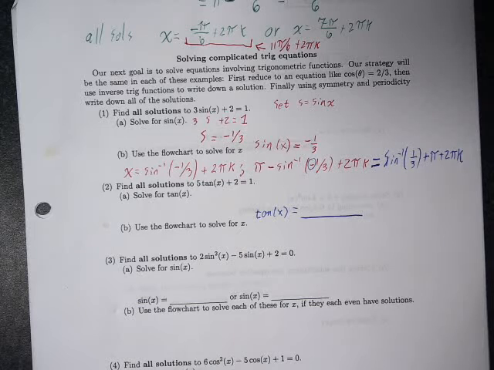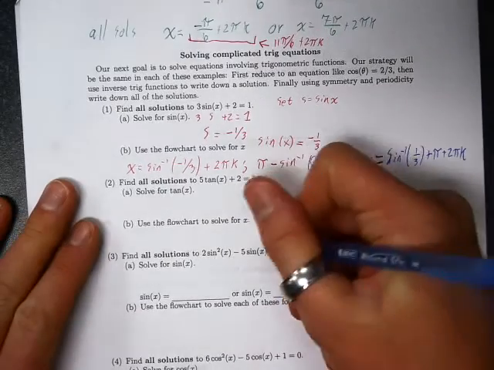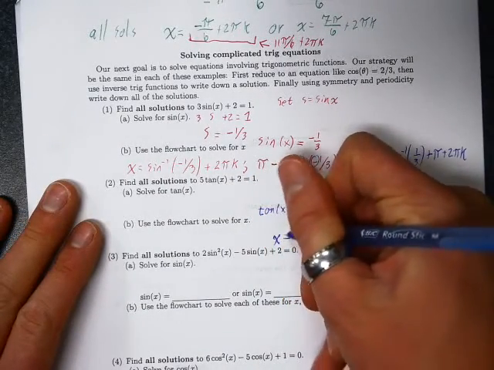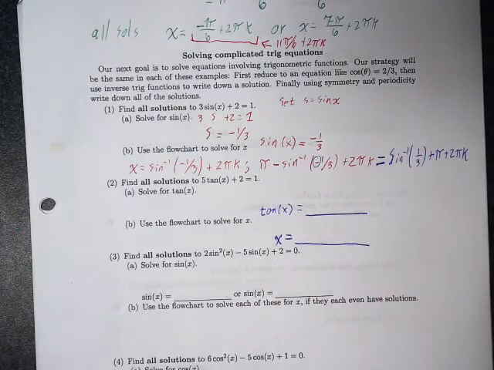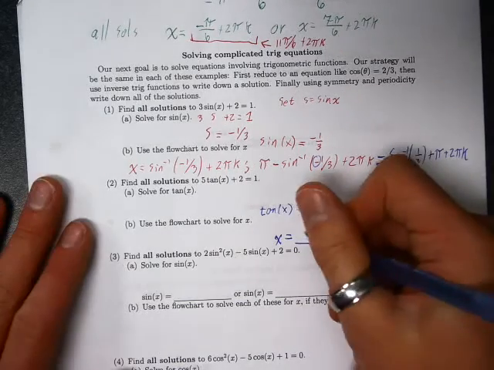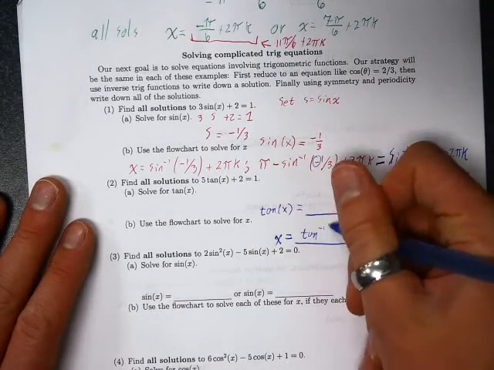So what's the solution to this equation? Inverse tangent of negative 1/5 plus pi k.